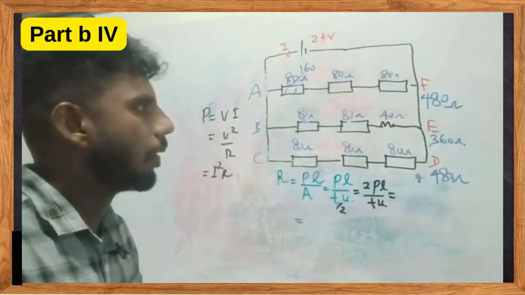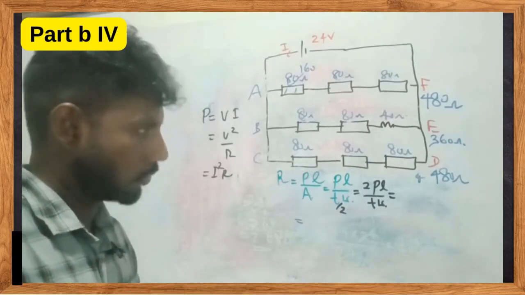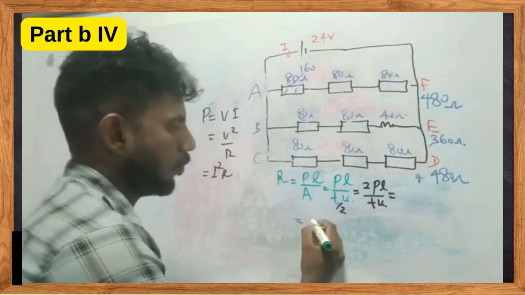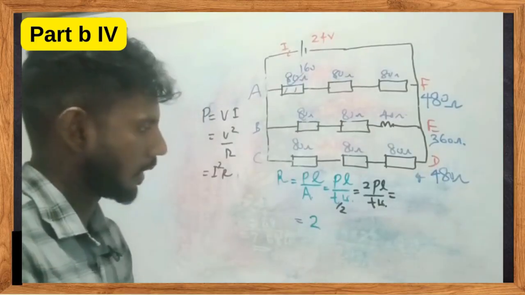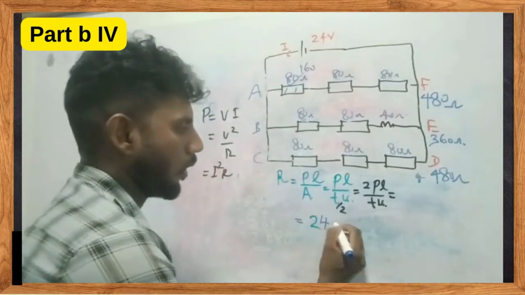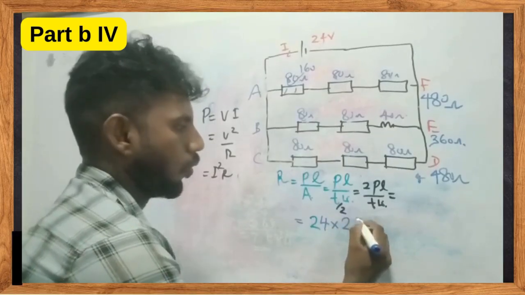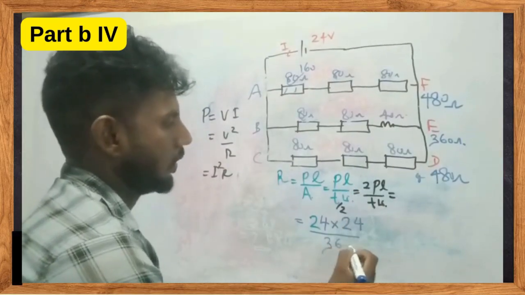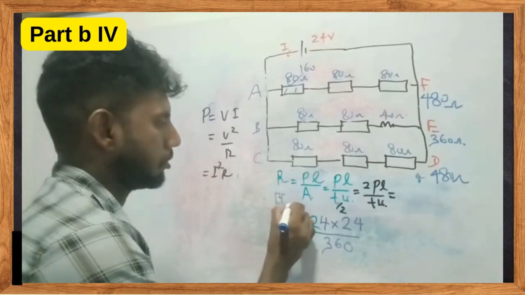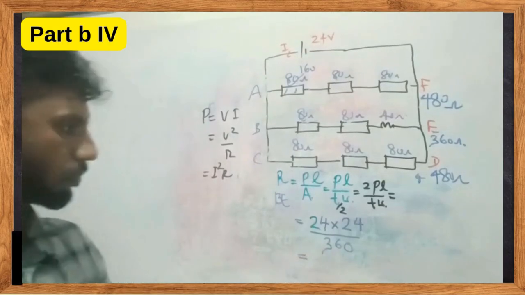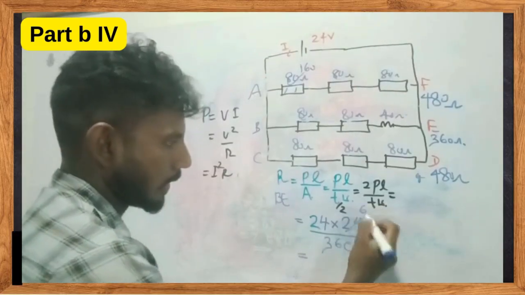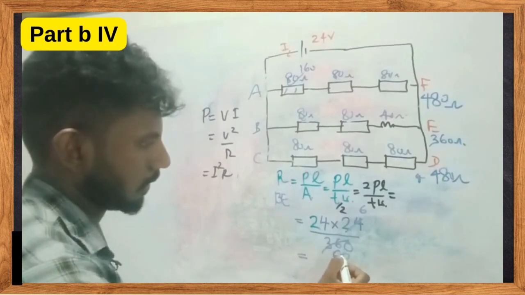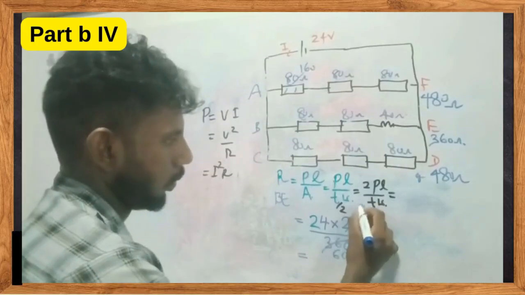Now we need to find the power again. Power dissipation. So across BE, very same method, V squared over R. V squared, 24 into 24 divided by, now we have 360 across BE, right? 24, 6, 360, 60, again another 6, it's 4 here, right?